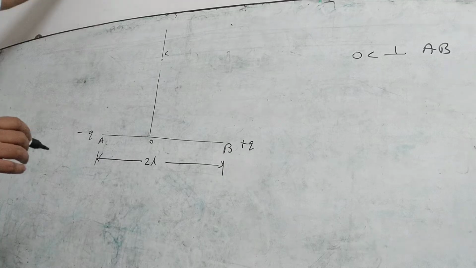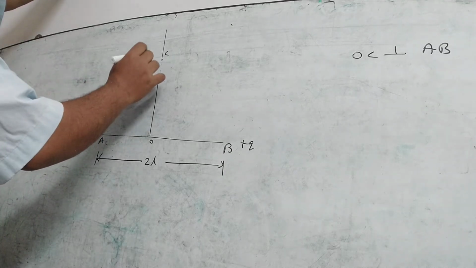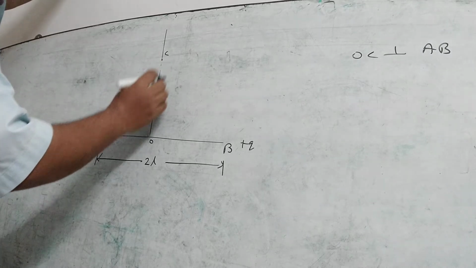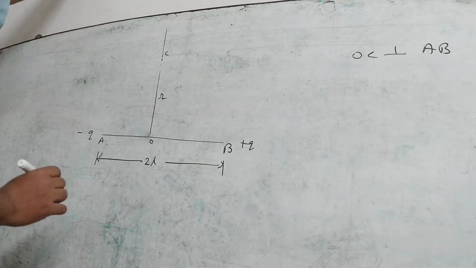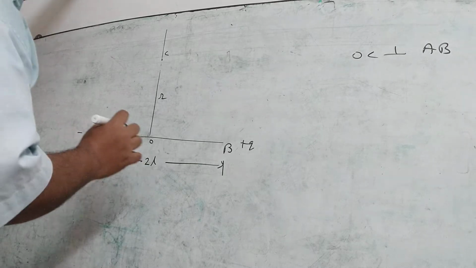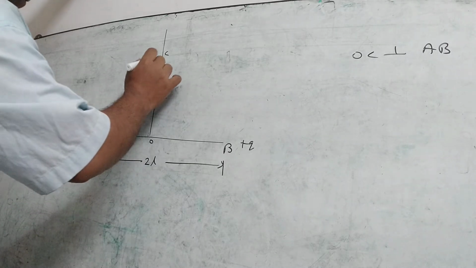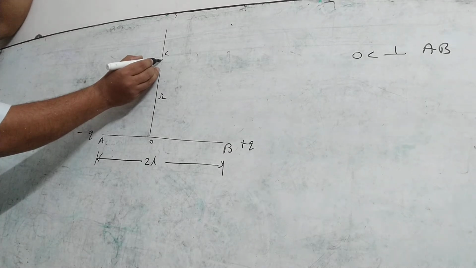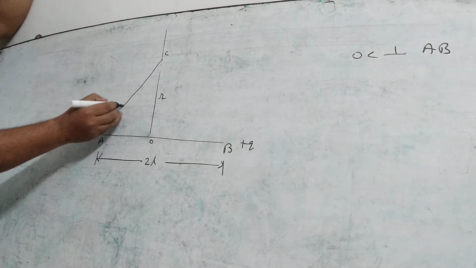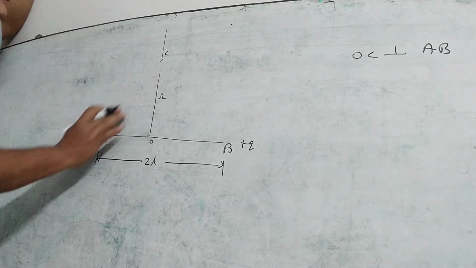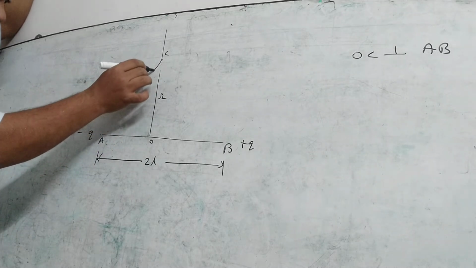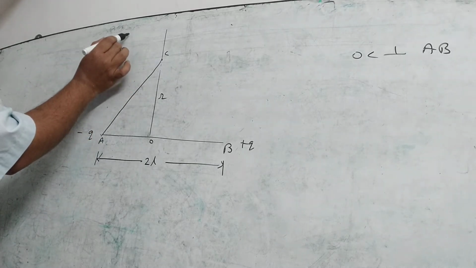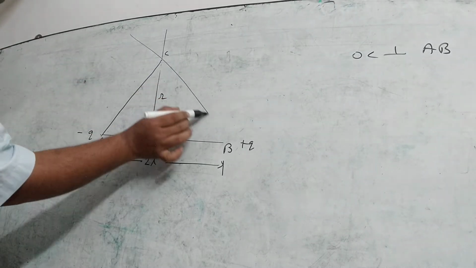Now we are to find the electric field at the point C. OC is equal to R. We can join AC and BC.